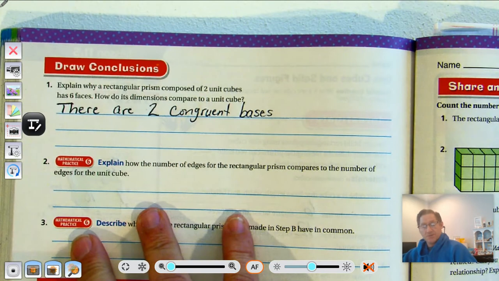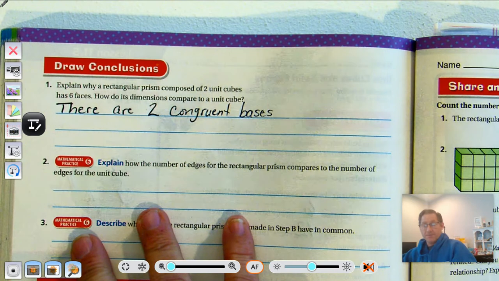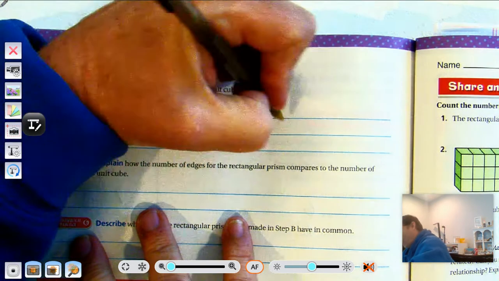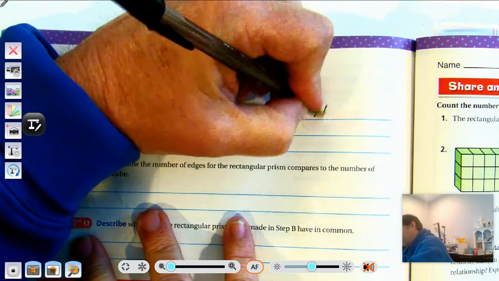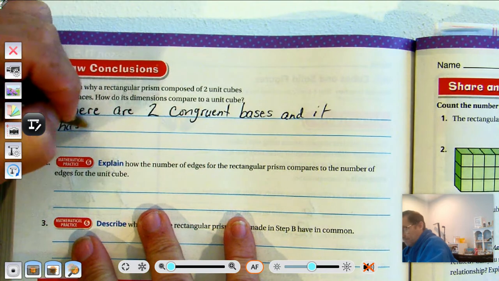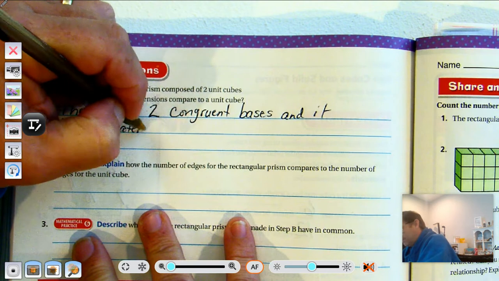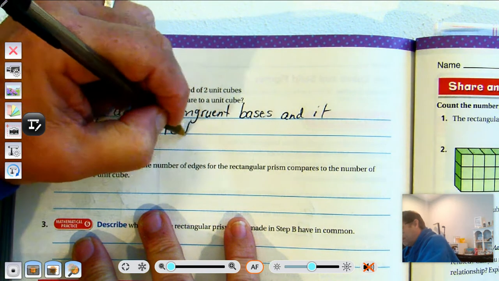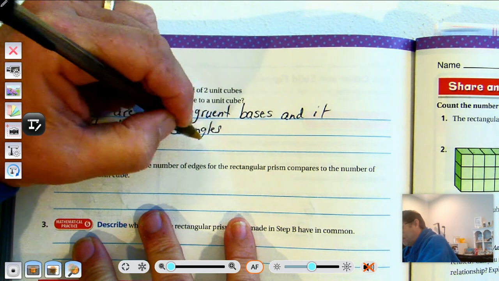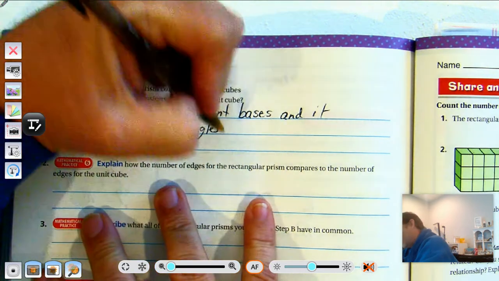Okay, well, it has two congruent bases, right? The top and the bottom. And it has 4 lateral rectangles connected to the bases.